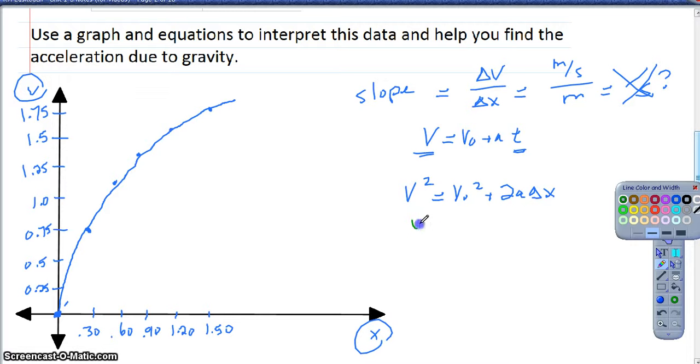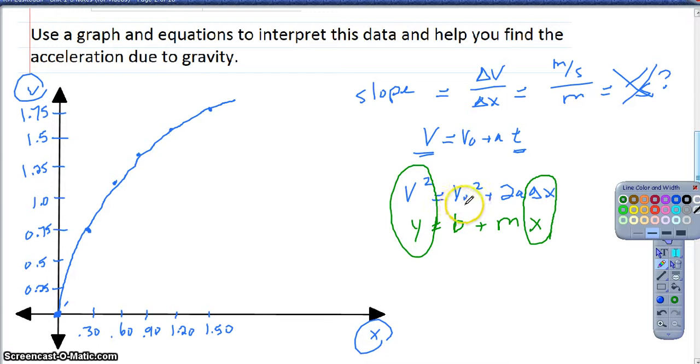So linear functions, we know, typically take the form of y equals mx plus b. I'm actually going to write that as b plus mx, and you'll see why in just a second. But if I want to linearize this curve, rather than plotting velocity versus displacement, I'm going to plot velocity squared as my y value. I'm still just going to use displacement as my x value.